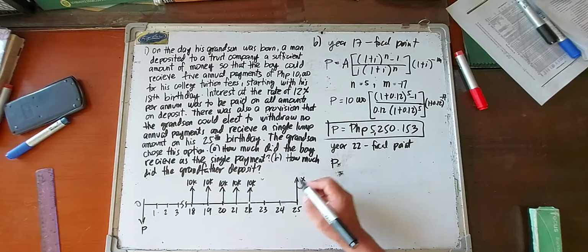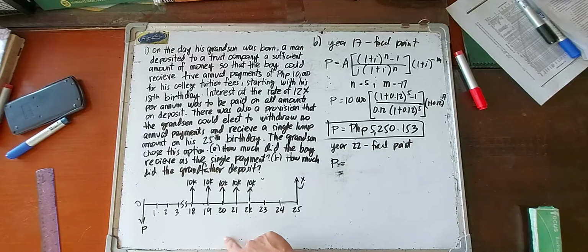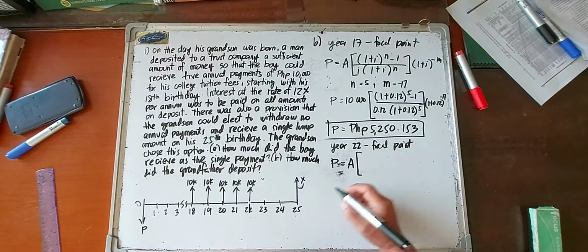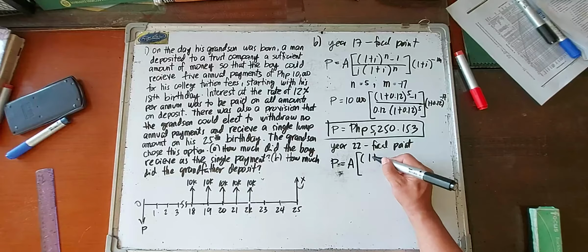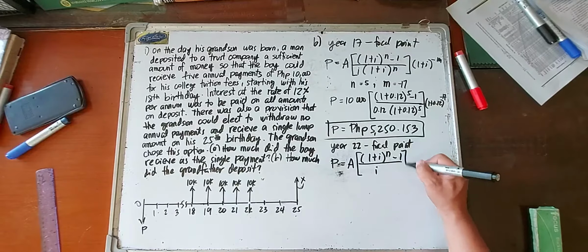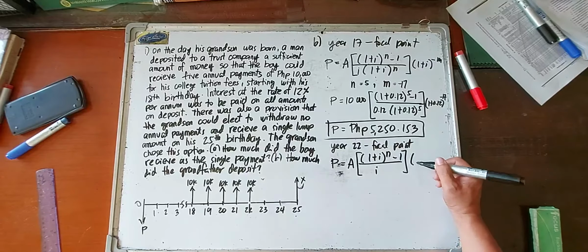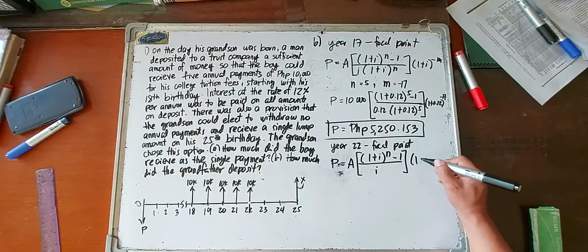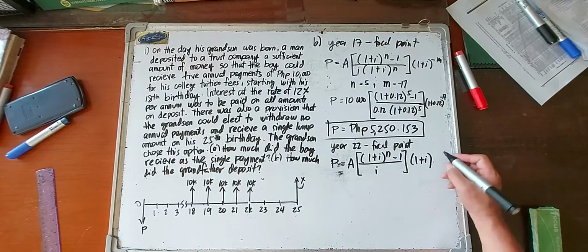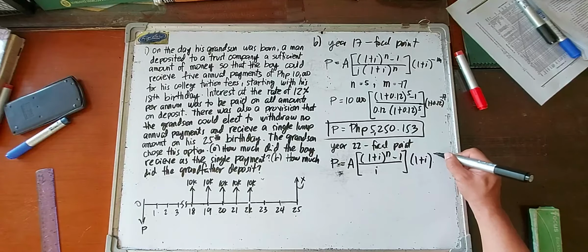So the present value then is equal to yung annuity times 1 plus I raised to n over I, raised to negative m.